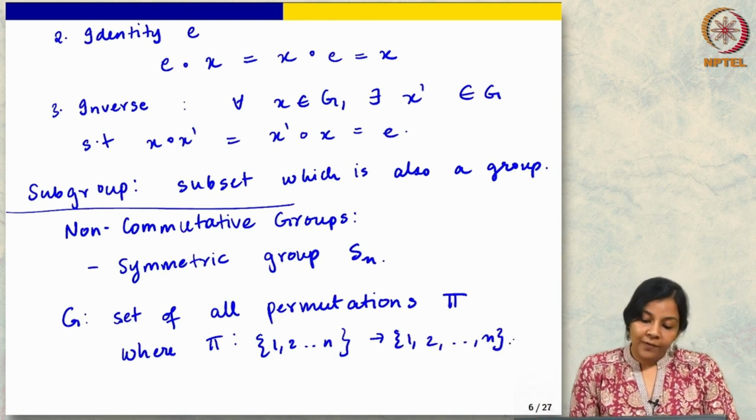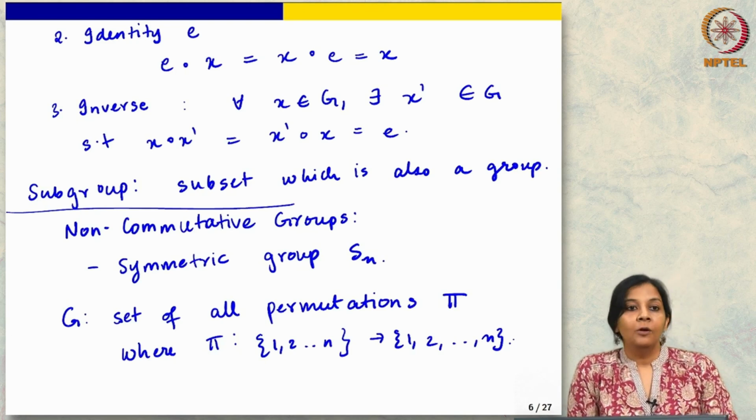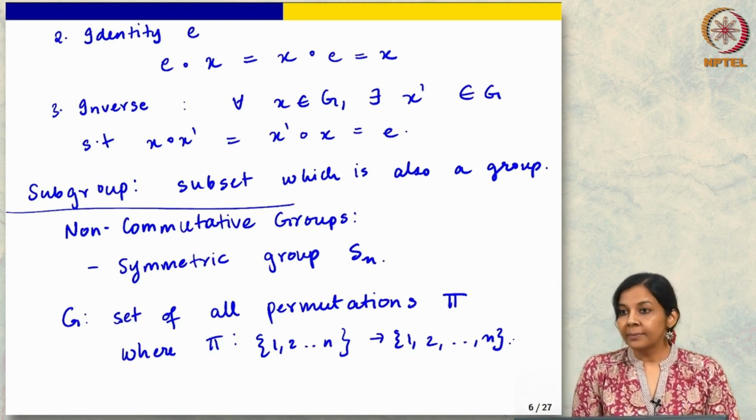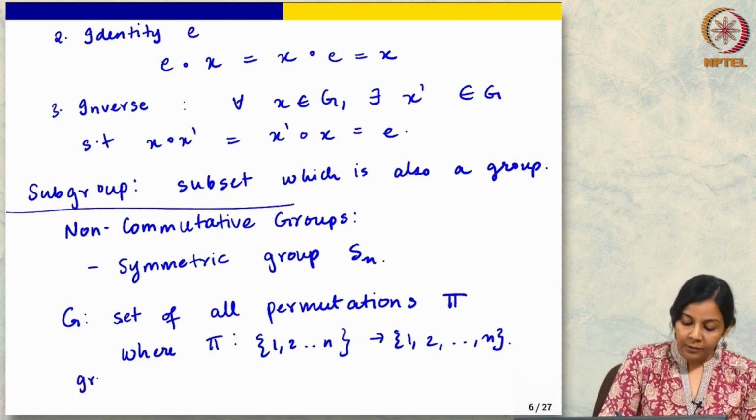Now, if I am looking at all permutations from n elements to n elements, what do you think is the group operation? Composition, good. So, the group operation would be composition.